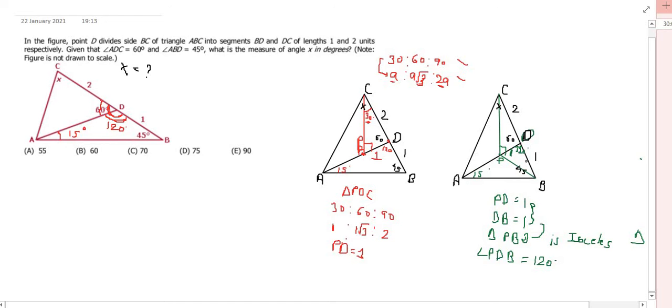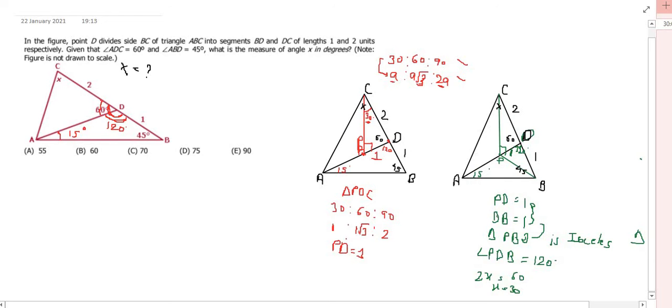So can we find the other two angles? Since both the sides are equal, the opposite angles are going to be equal. So the other two angles, let me call them x each. So 2x is going to be 180 minus 120, which is 60. So x is going to be 30 degrees, right?